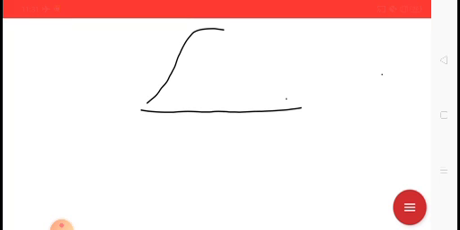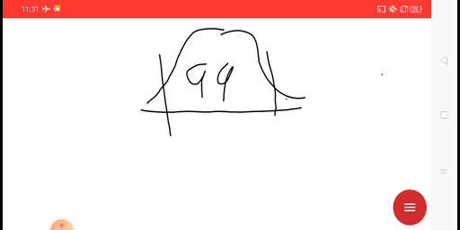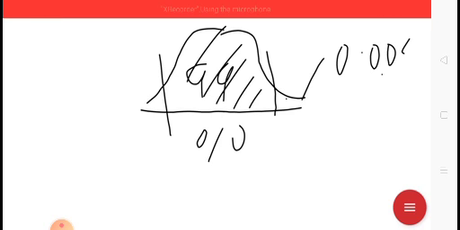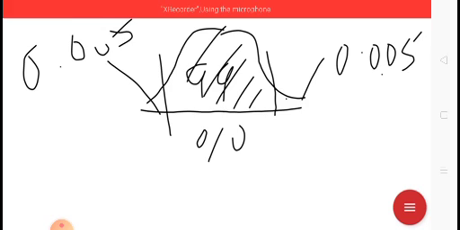So the mean is already given. Okay. So now for the 99% confidence interval, let us find the Z first. So here is the 99% center, so the outer part will be 0.005, 1% divided by 2.